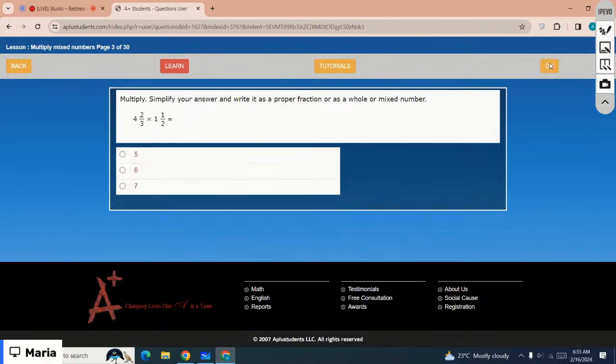The next one is 4 whole 3 over 2 times 1 whole 1 over 2. So which is the correct option?